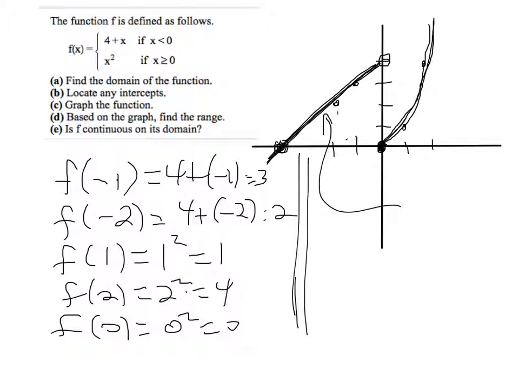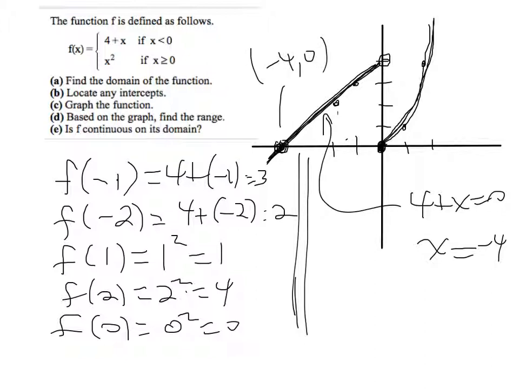And so as long as I remember that this piece of the graph came from this algebra function, I'm just solving the equation 4 plus x equal to 0. Where does that happen? It happens when x is negative 4. So at this point, negative 4, 0, I have another x-intercept. So my x-intercepts are there, and my y-intercept is also there.